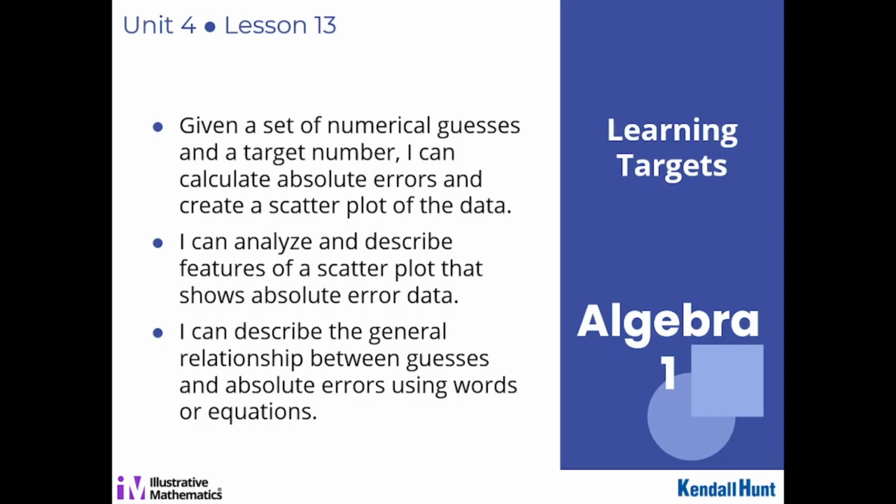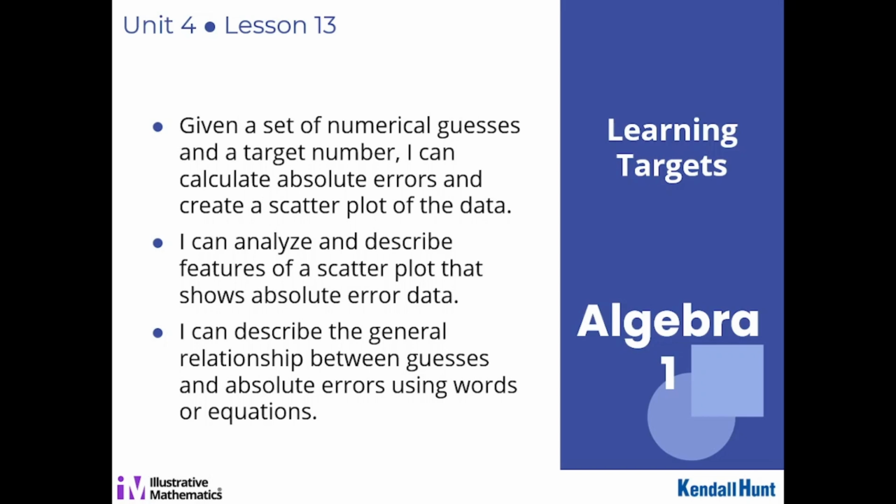Learning target number 2. I can analyze and describe features of a scatter plot that show absolute error data. And learning target number 3. I can describe the general relationship between guesses and absolute errors using words or equations.